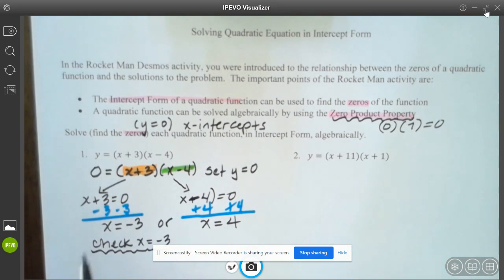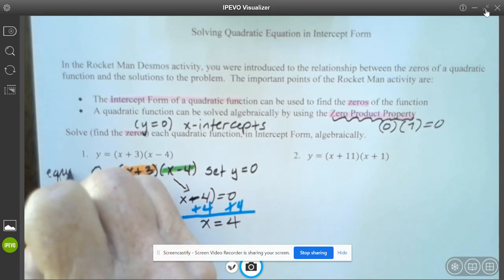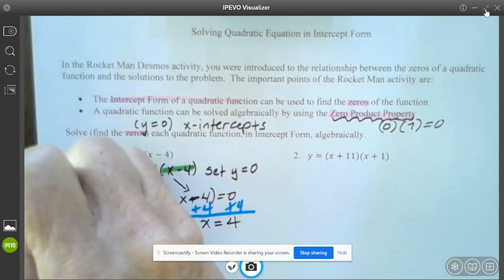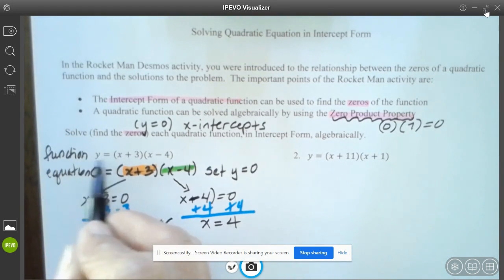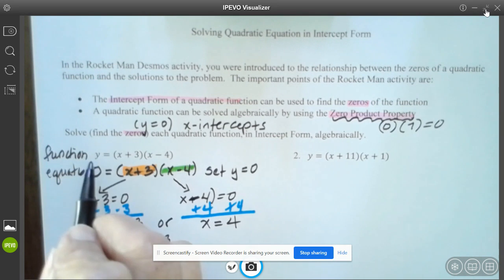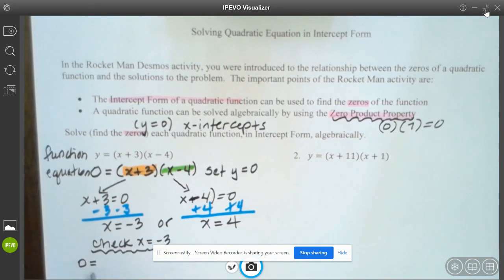So you take your original equation, 0 equals, this is an equation, but we started with a function. And the difference is that a function is y equals, so it relates an x and a y. This is an equation because it's just 0 equals x plus 3 times x minus 4.